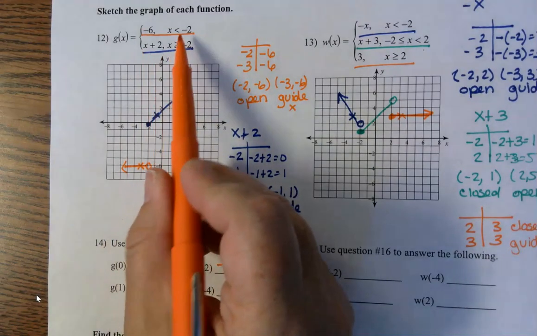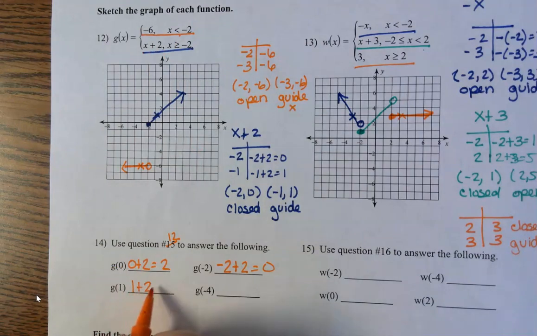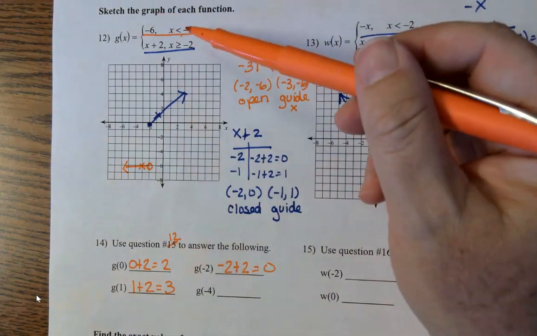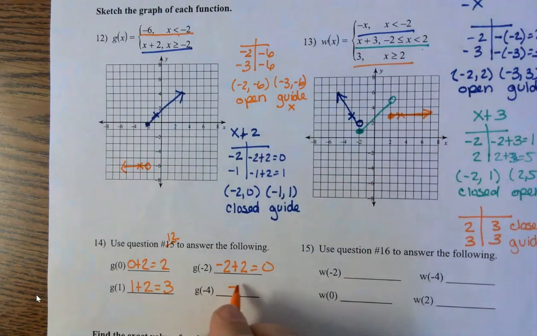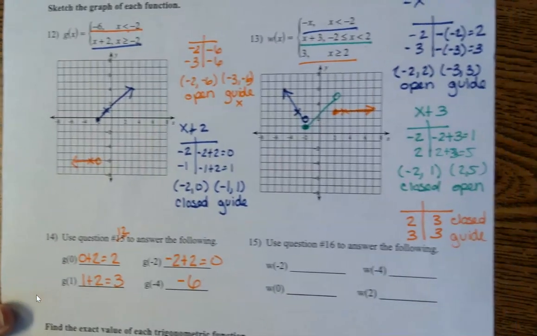1 is definitely bigger than negative 2, so I'm using the last one again. Then negative 4. Negative 4 is less than negative 2, no x. So my answer is just negative 6. Okay.